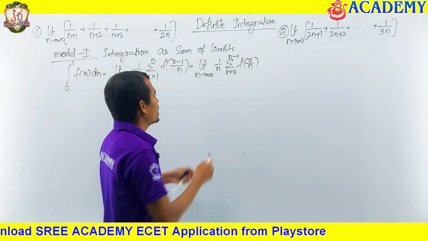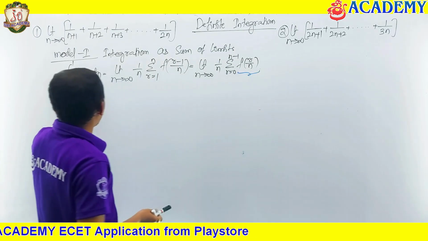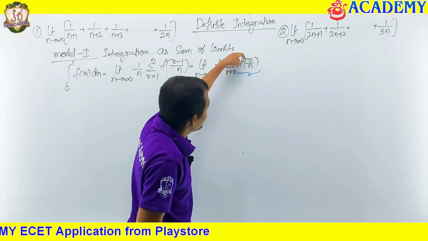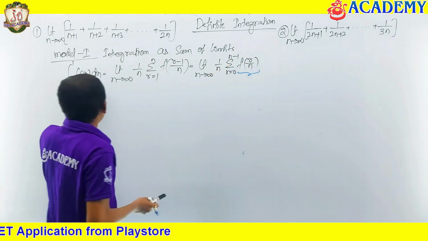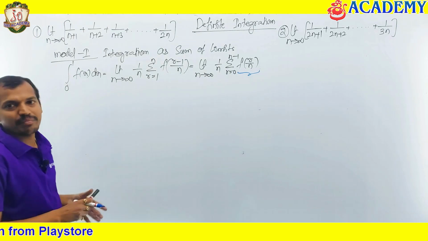Here f of r by n we write as f of x. That means indirectly you have to replace r by n with x. Sigma is nothing but integration, summation.